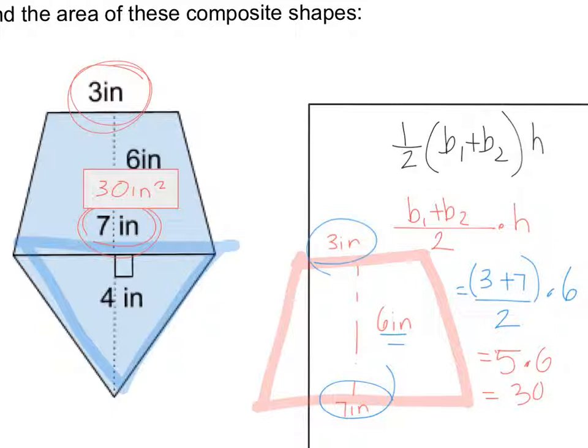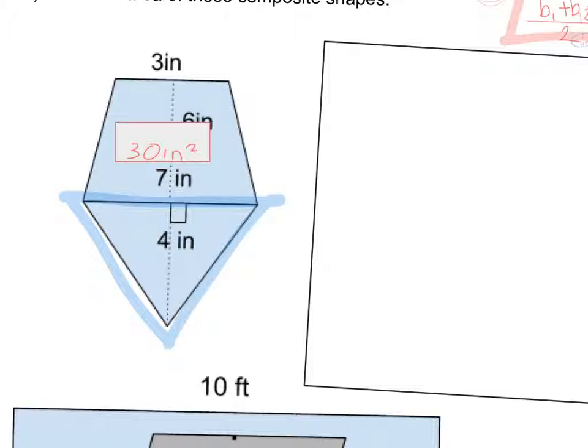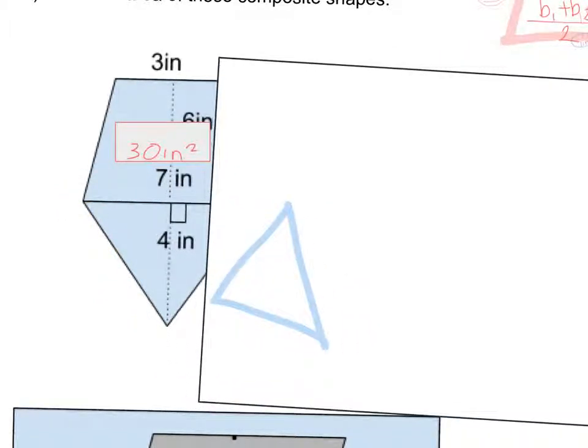But they're not asking me just for the area of the trapezoid. They're asking me for the area of the composite shape. So what I need to do then is figure out the area of the triangle. I remember the formula to the area of a triangle is base times height divided by 2. So that means I'm going to take my triangle.